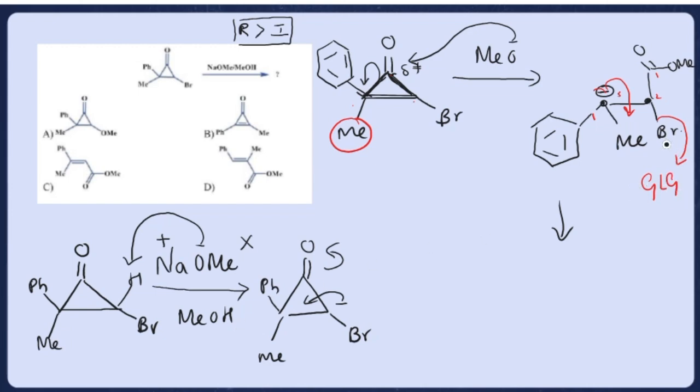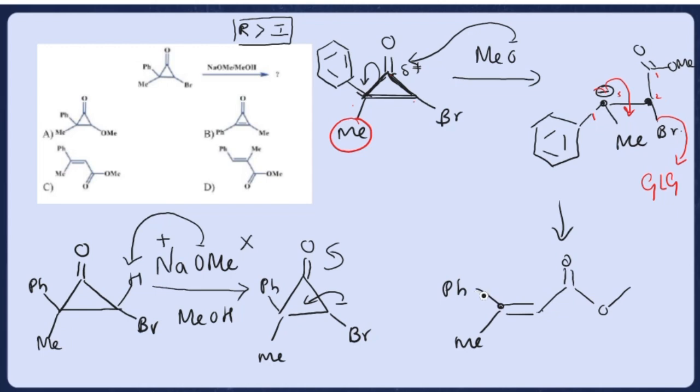All these are considered good leaving groups because they leave the molecule. If you want, you can just write it as phenyl, no problem now. So its function is over now, right? So phenyl is there, a carbon attached to methyl. Here we are getting the double bond because the bromine is gone. So this is a carbon which is attached to the ester like this. So this is the final product.